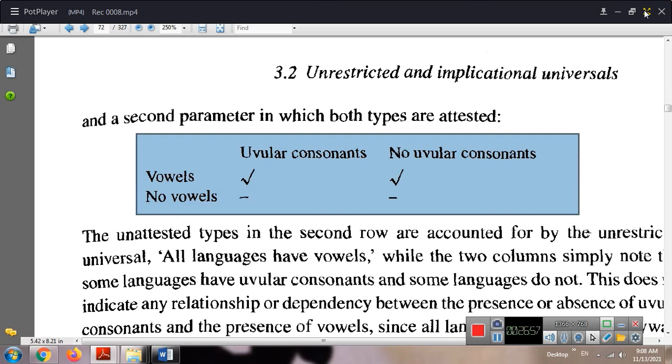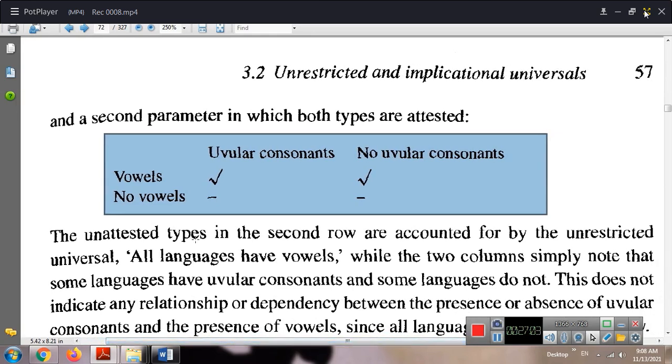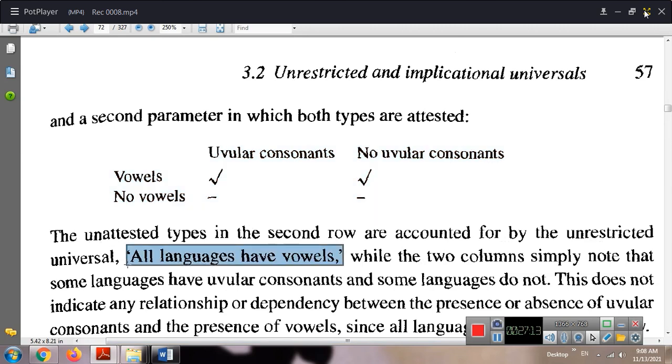The unattested types in the second row here are accounted for by the unrestricted universal. All languages have vowels is an unrestricted universal, while the two columns simply tell us that some languages have uvular consonants and some languages don't.